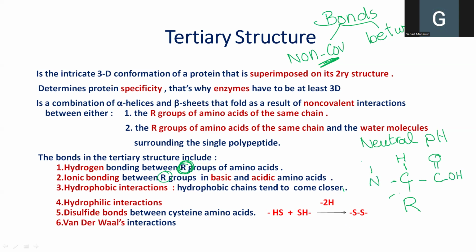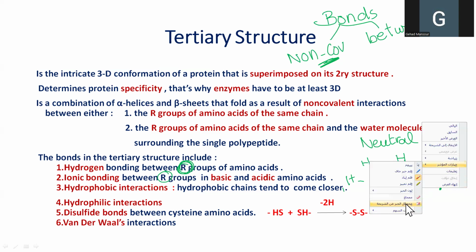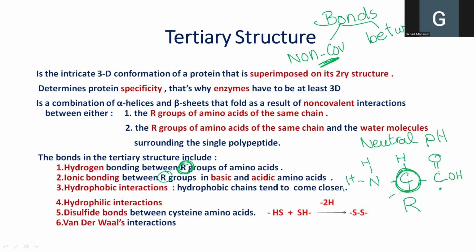And this is the amino group. In a neutral pH, when it is put in water, this carboxylic group will lose the hydrogen.